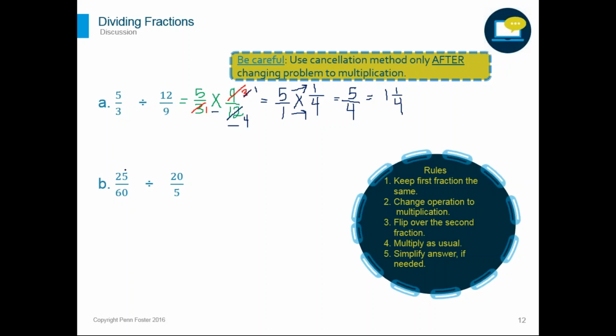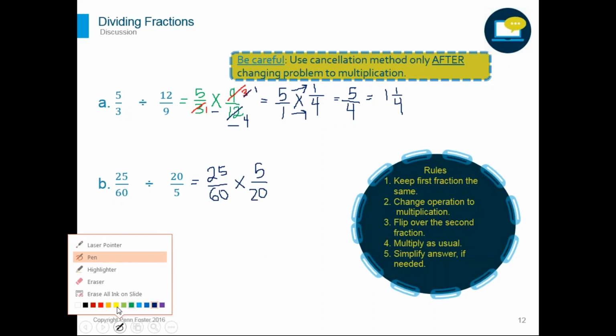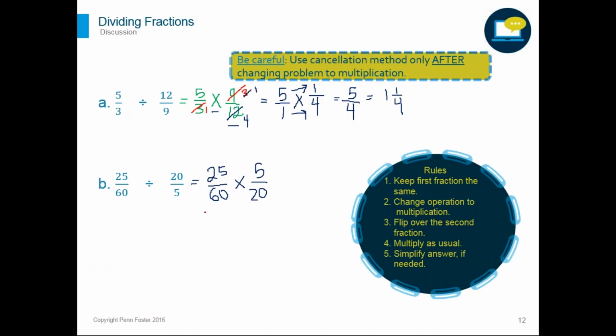Okay, let's do B. Same thing, same rules. Keep the question as is, the fraction as is, the first one, 25 over 60 times 5 over 20. Okay, now I can consider if I'm going to be able to cancel out or not. So let's look.